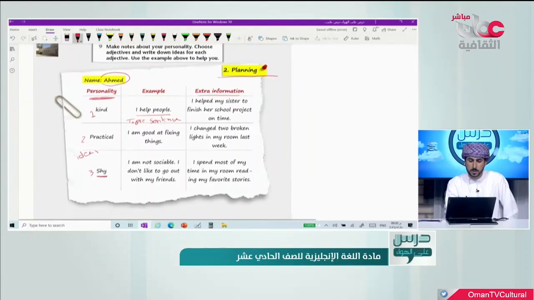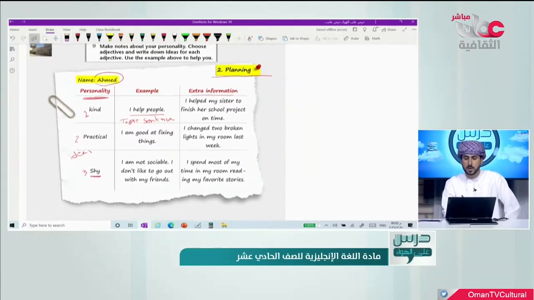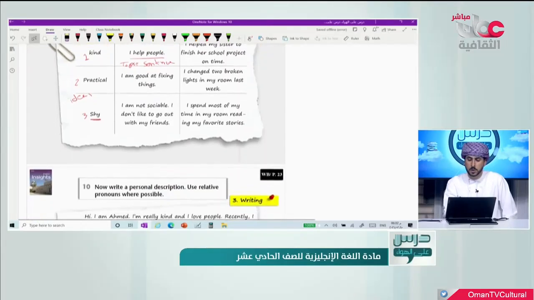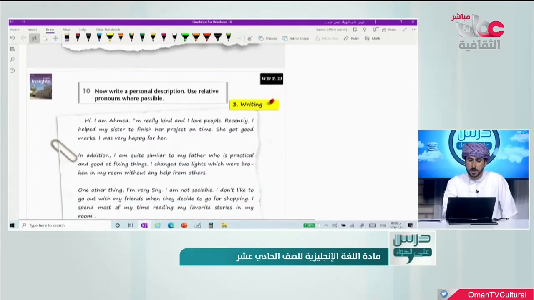So till here we reach the end of the second step, which is planning. The first one was the structure of the essay. The second one, how we plan to write an essay. Now let's move to the third and last step here, which is writing.